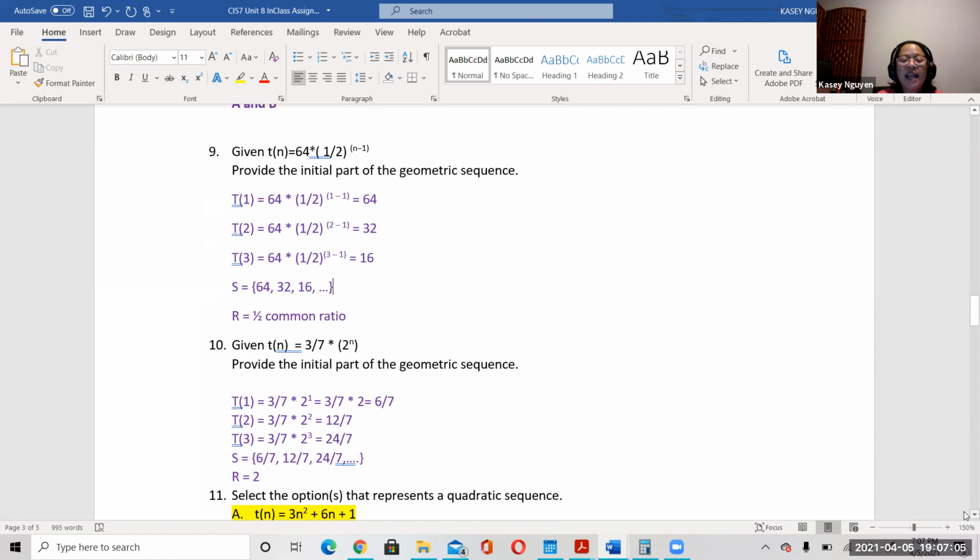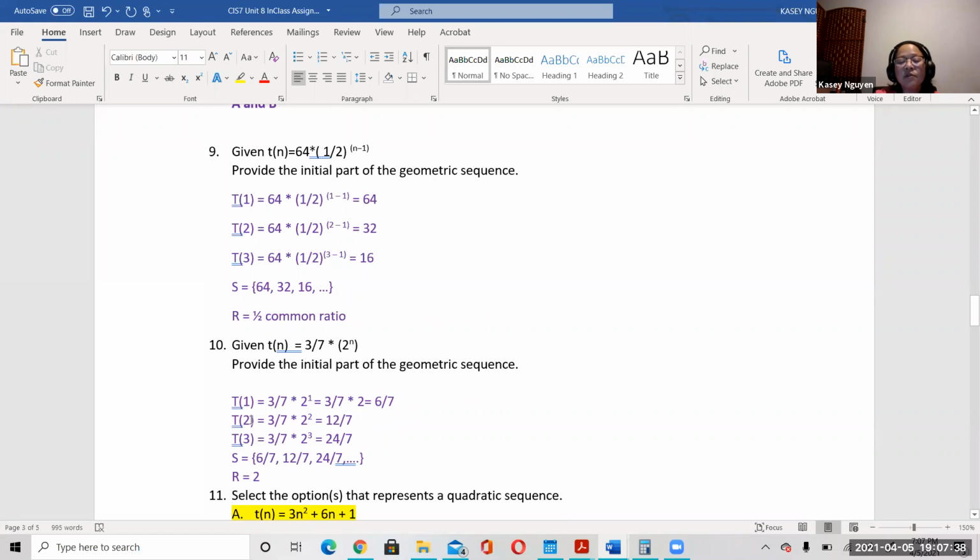For number 10, we have T of n is equal to 3/7 times 2 to the n power. We want to create a geometric sequence. So again, we will plug in 1, 2, 3 for n. So in the first one, you have T of 1. That will be 3/7 times 2 to the first. That will give you 6/7.